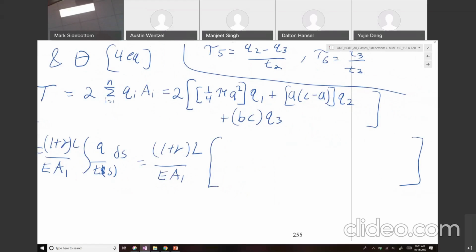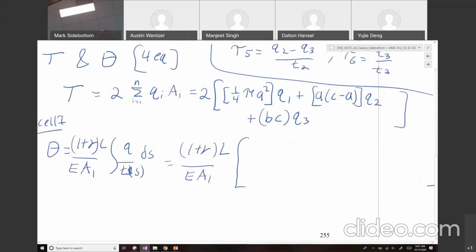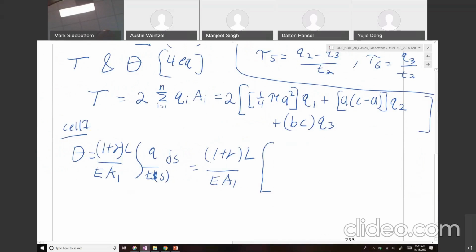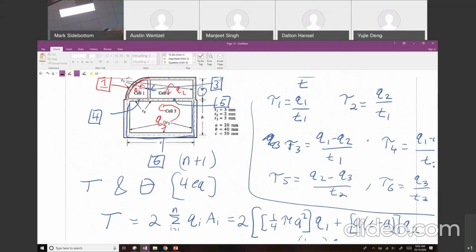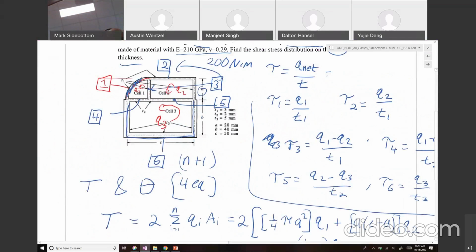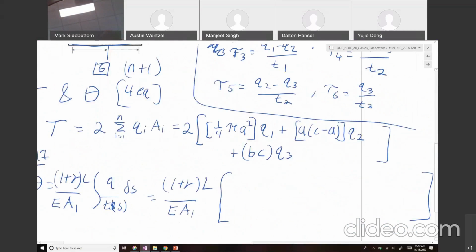If you evaluate this integral, for the first cell, the wall on the top left, the length of that wall is going to be equal to 2 pi times the radius A, divided by 4, since it's a curved section. Since it's only a quarter of a circle. All right, so that's our S.